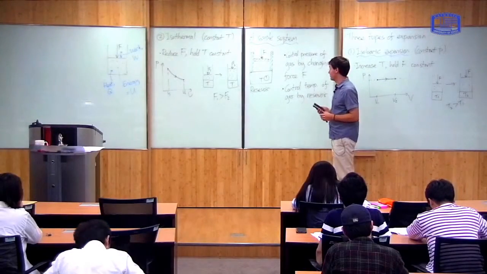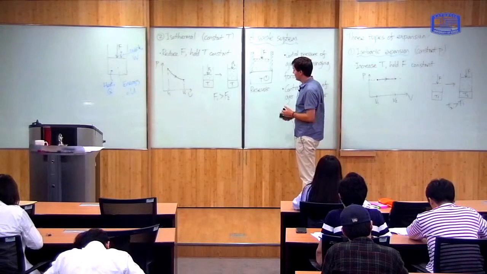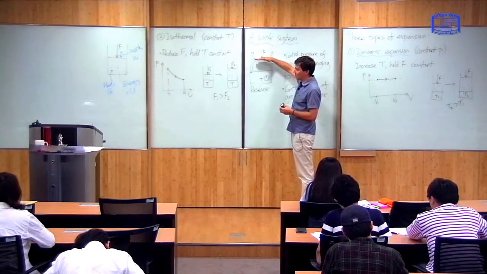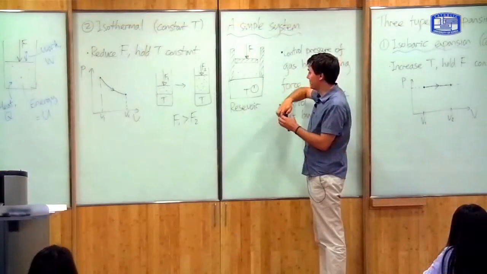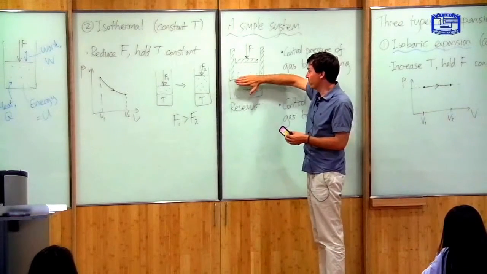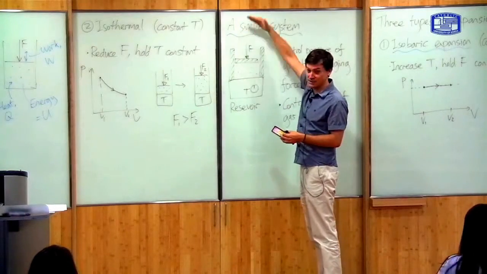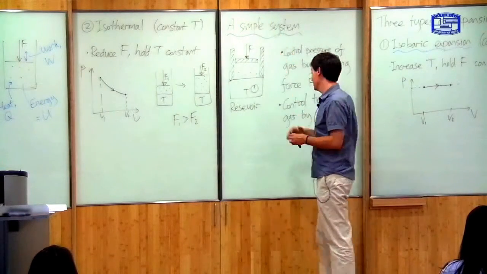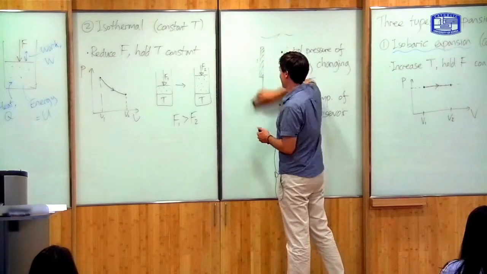The final type of expansion is similar to isothermal. In this case, again, we reduce the force and allow the gas to expand, but instead of attaching it to the reservoir, we block it off from the reservoir. So we completely thermally isolate the gas, no heat can go in or out, but we let it expand in the same way. Now this kind of expansion is known as an adiabatic expansion.